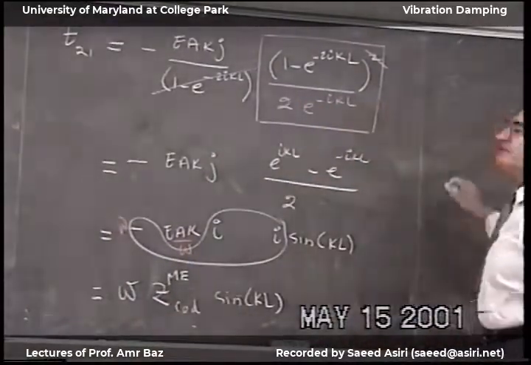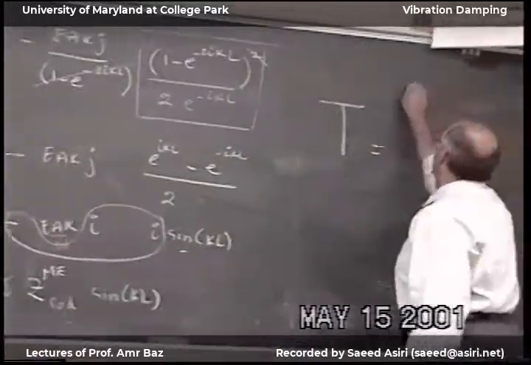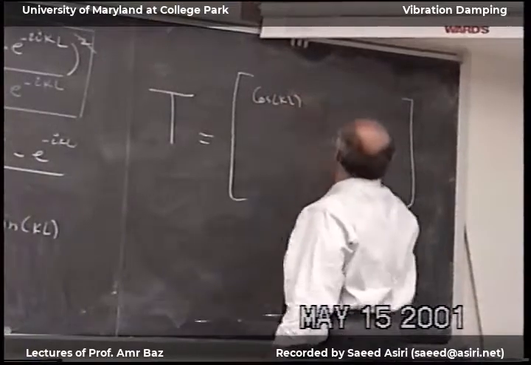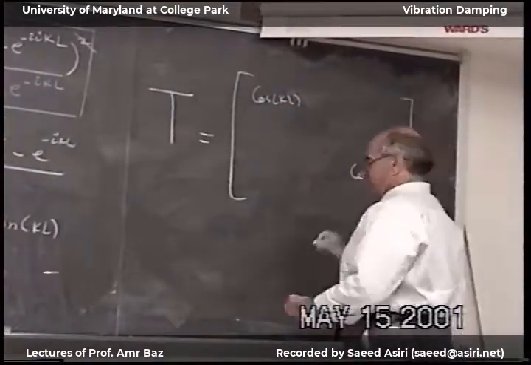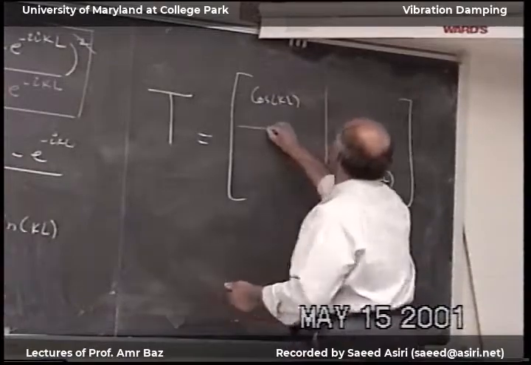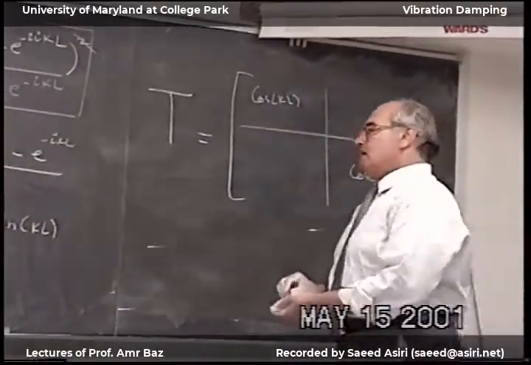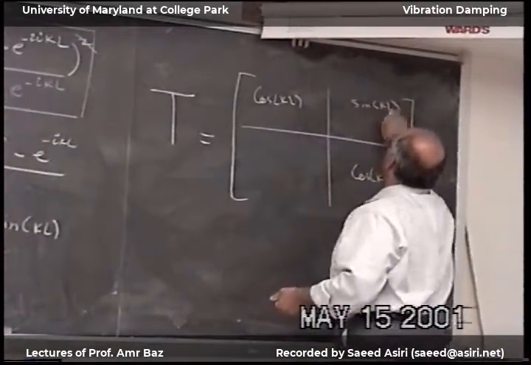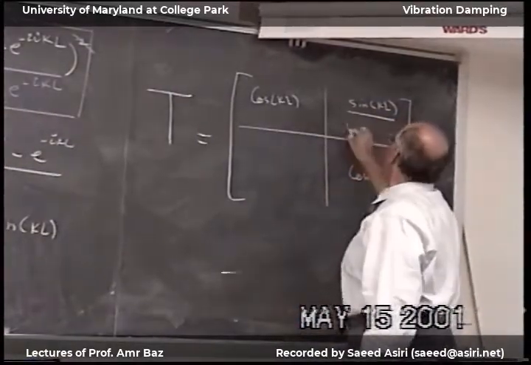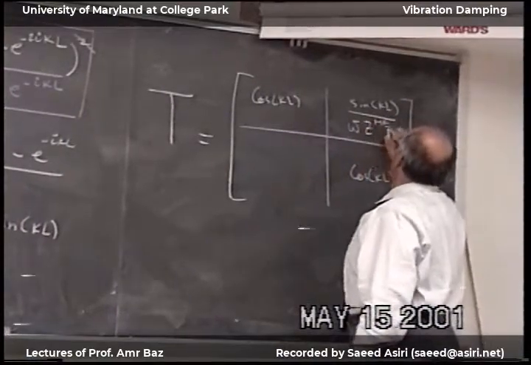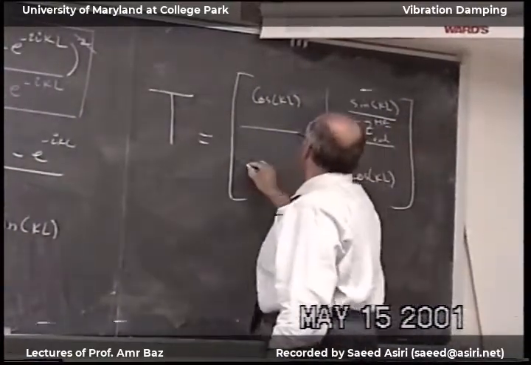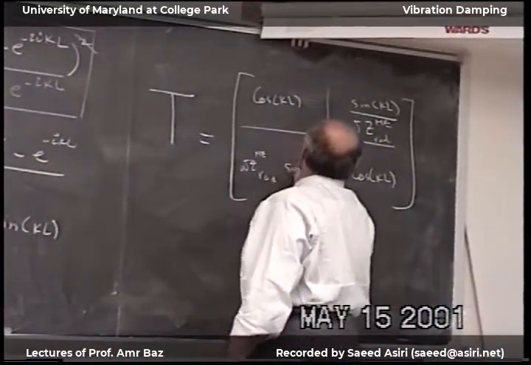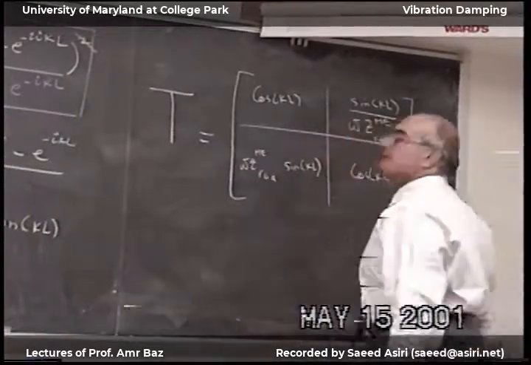So the bottom line of all this is T becomes super simple. Cosine KL, sine KL over omega Z mechanical rod, and then here omega Z mechanical rod sine KL.